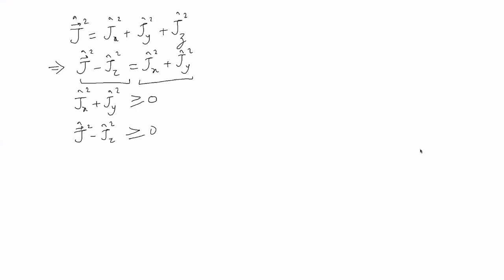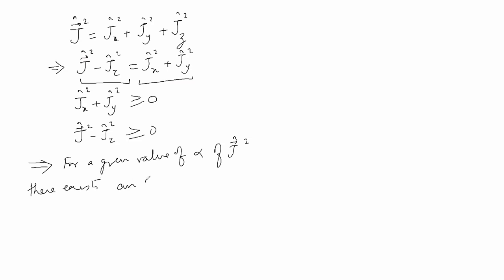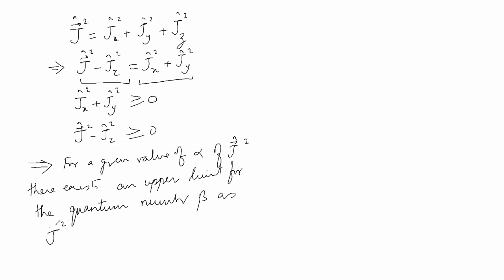And this implies that for a given value of alpha of J square, there exists an upper limit for the quantum number beta, as J square minus Jz square is a positive definite quantity.